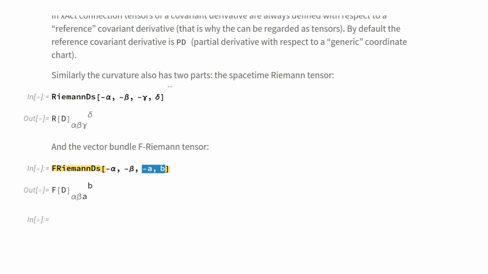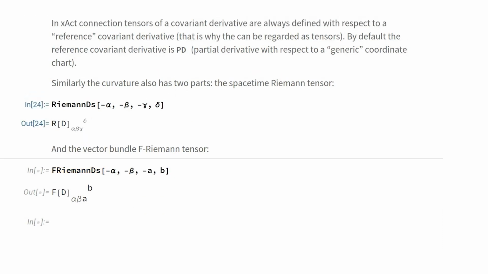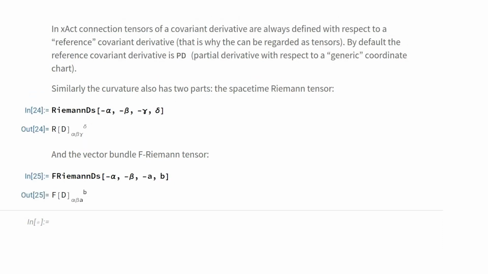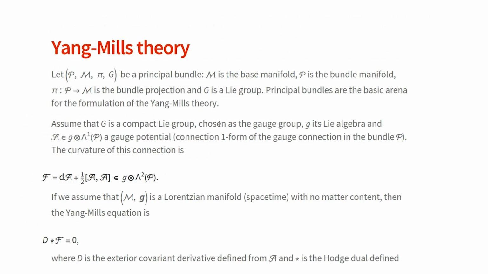Okay, so these are the definitions. As I said, you can do calculus with all these objects. And now I start with the second part of the talk, which is how this can be applied to a Yang-Mills theory.